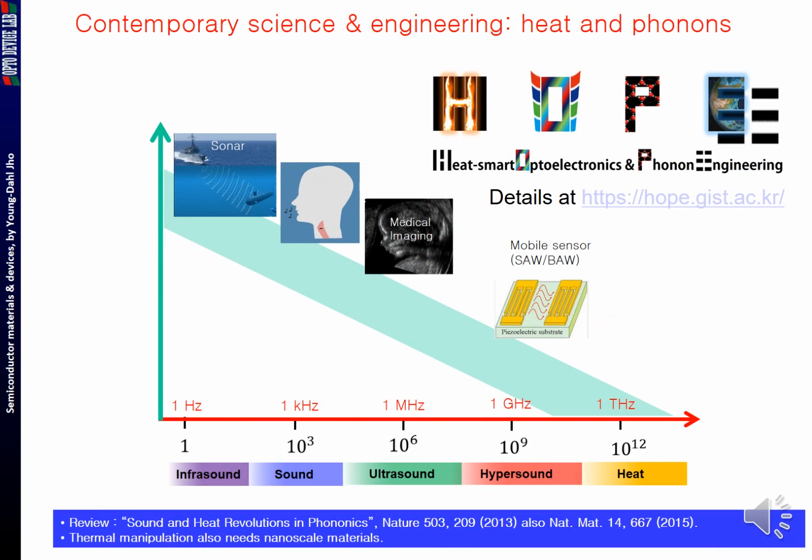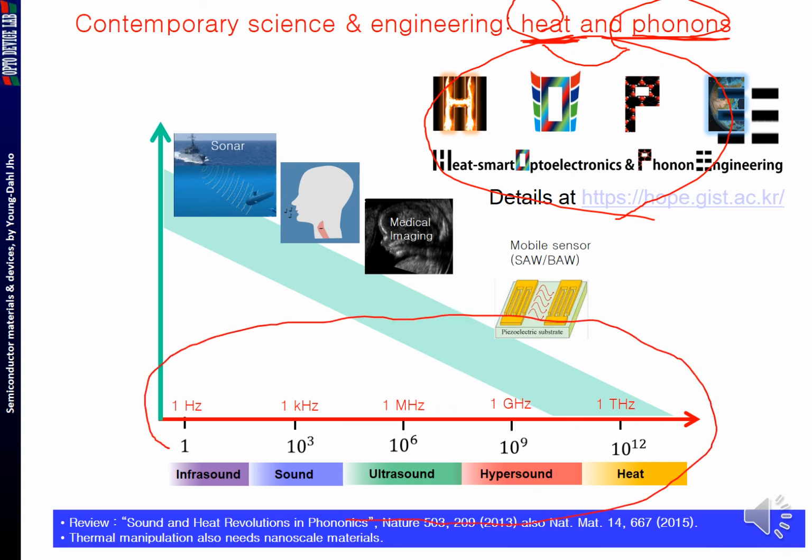So in terms of heat and phononic studies, originally I studied optoelectronic semiconductor materials, but these days many of the problems are already solved very well, except the heat and phonon issues. So I'm mostly working on those unsolved issues. And this figure shows the sound frequency.